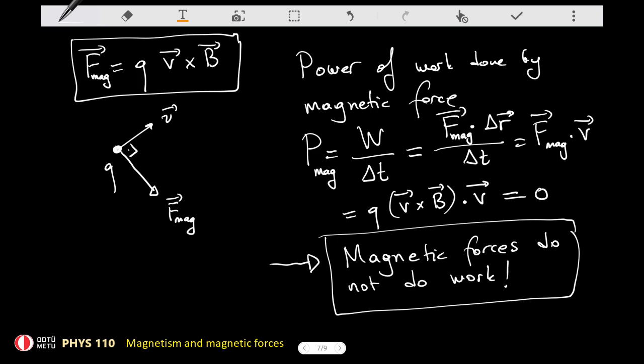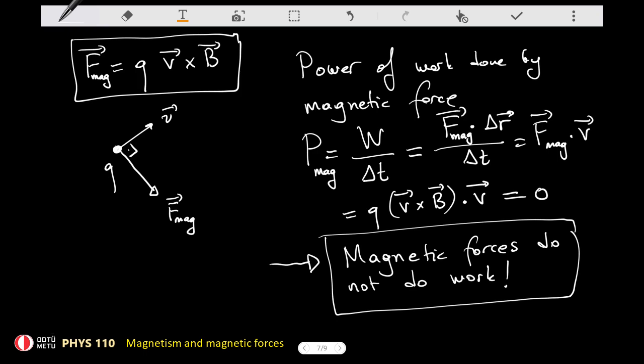Let me say it like this: the magnetic field does not directly exchange energy with charges. So only electric fields actually do that. And so as a result, when some of the magnetic energy is transferred to something else, there should be a different mechanism happening there.